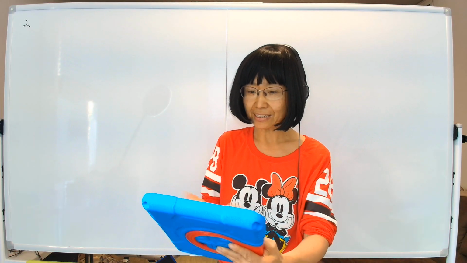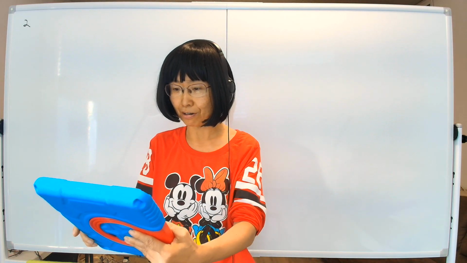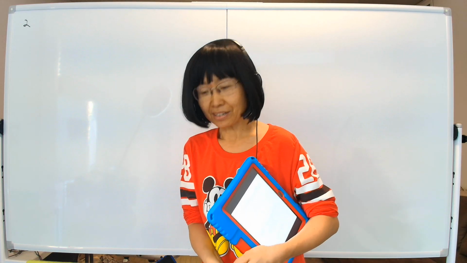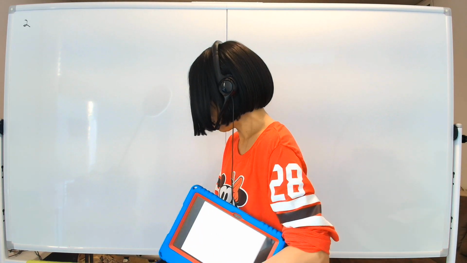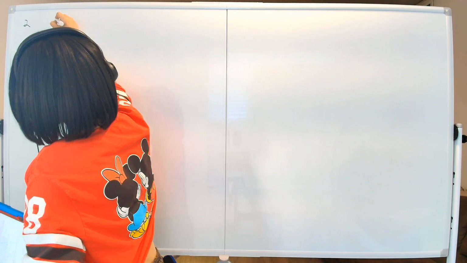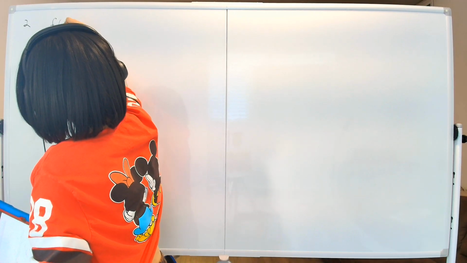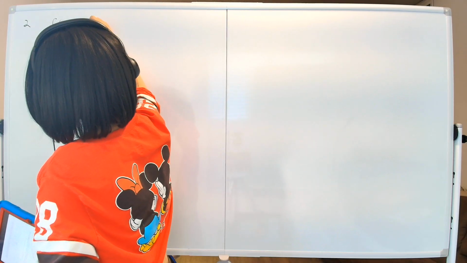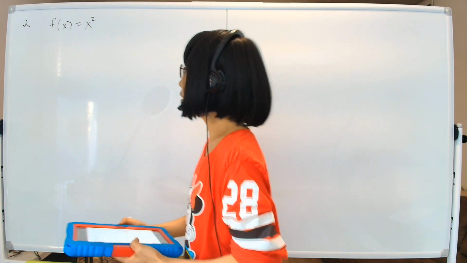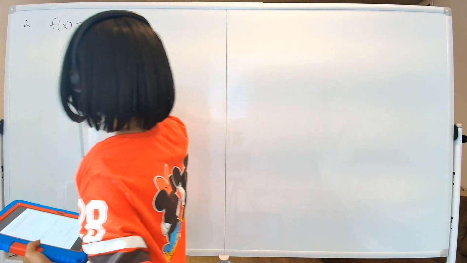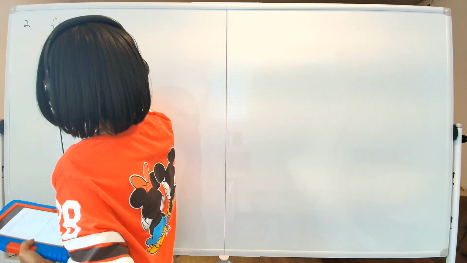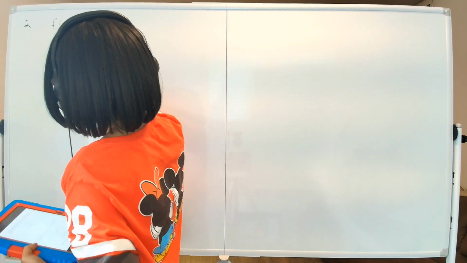Now, having said that, let's look at an example of a limit. Let's look at a very familiar function, let's say f of x equals x squared, or let's call it y equals x squared.